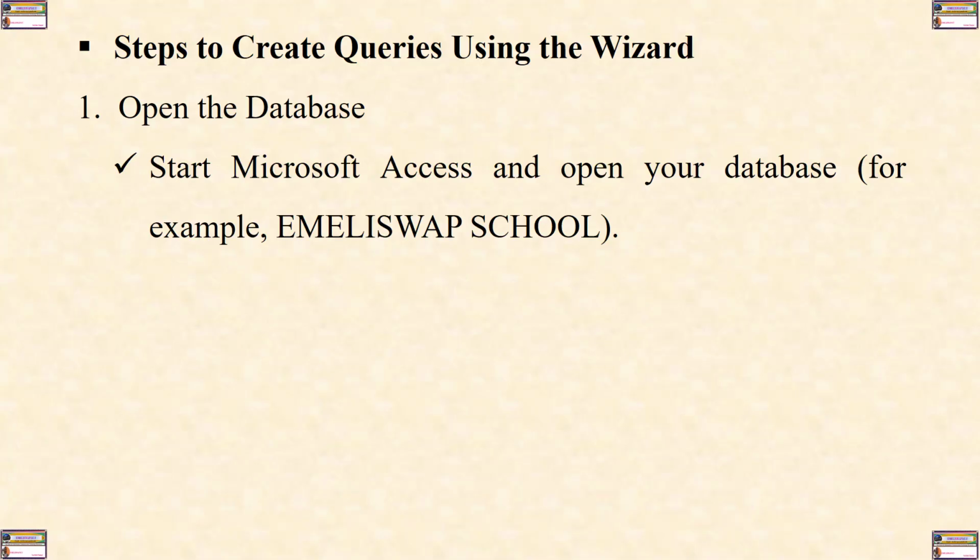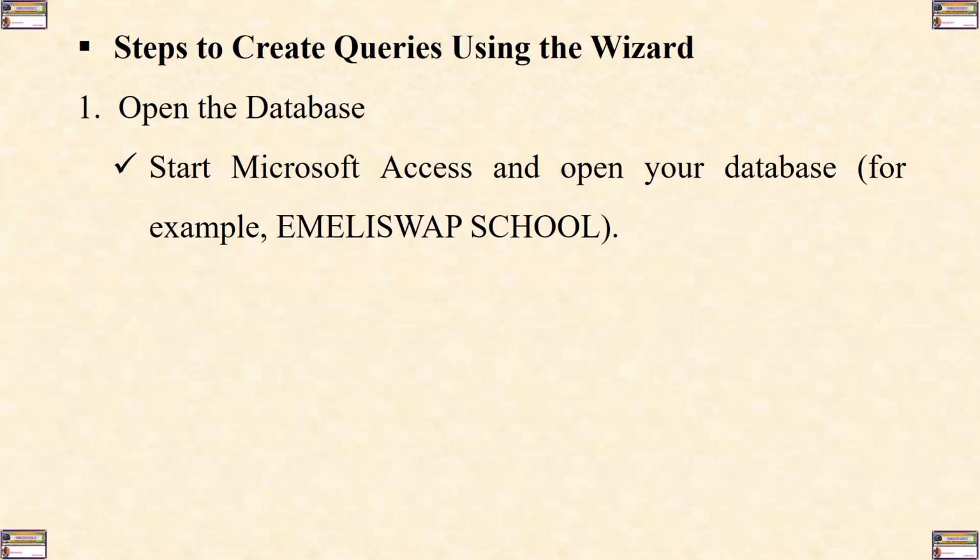For that reason, once you have loaded your Microsoft Access program, you proceed and open a database. So you are supposed, first of all, to start Microsoft Access program, and then you open your database. For example, in our case, we are going to open a database called Emediswap School.